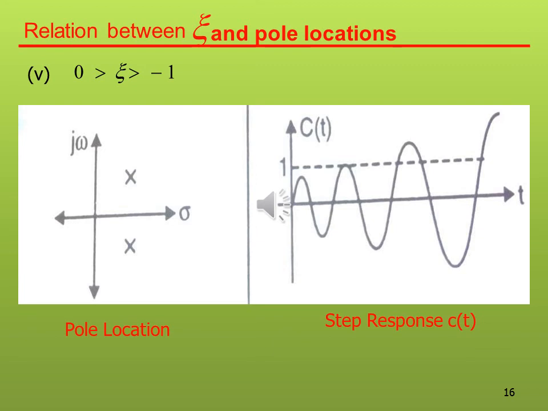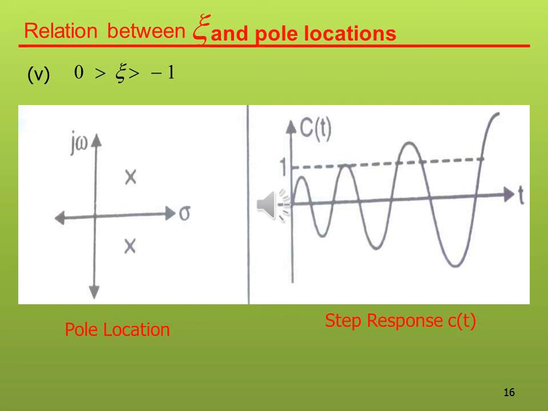Okay, now when zeta is in between 0 and minus 1, that is, less than 0 and greater than minus 1, then the poles are in the first and fourth quadrant having different values. Okay, and the step response is as shown in the right side of the diagram.